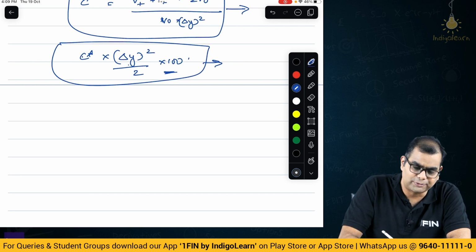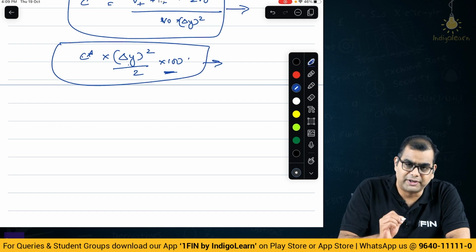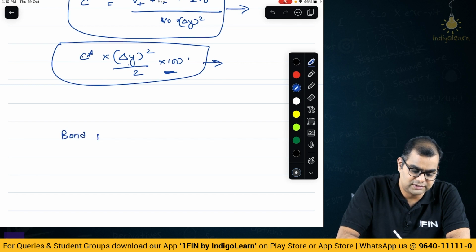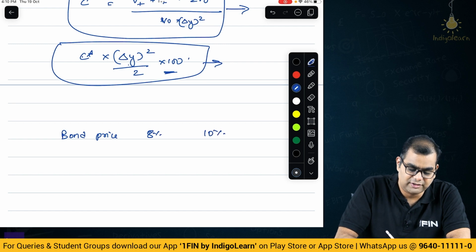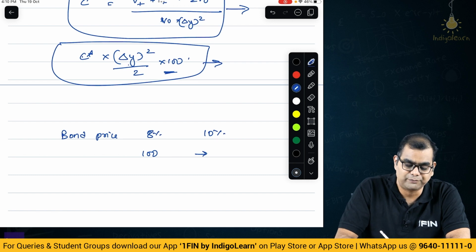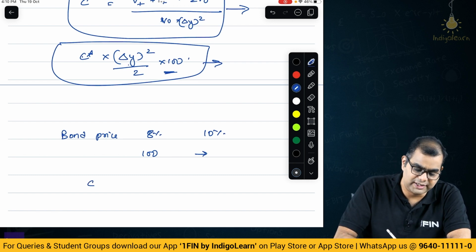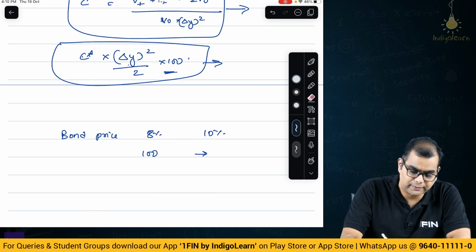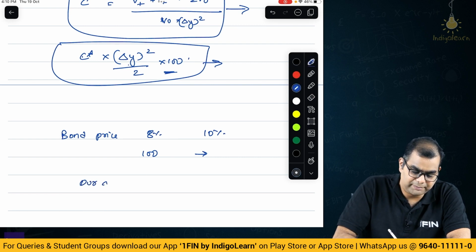So, if you have to find out, let us say the bond price is currently 8%, and if it is changed to 10%, the price is 100. What is the price if it is changed to 10%? One way is obviously you can compute C by 8 by 1 plus 8% power 1, and so on and so forth. Instead of doing all of that, you can take the duration impact plus the convexity impact.